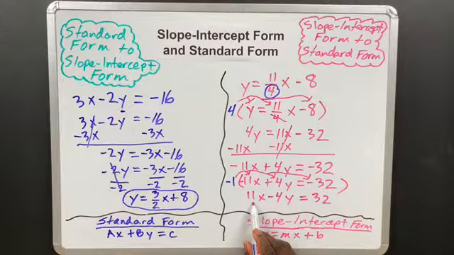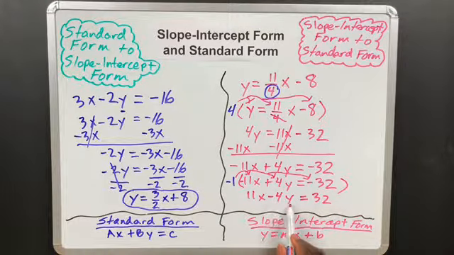The coefficient of x is 11. That's a. The coefficient of y is 4, or -4. That could be b, and that's b. And then we have the constant, which is c.